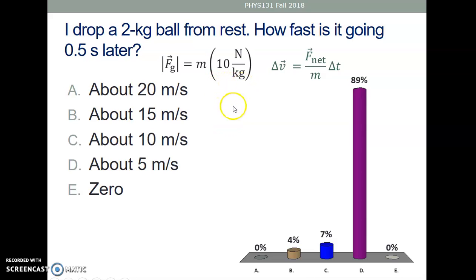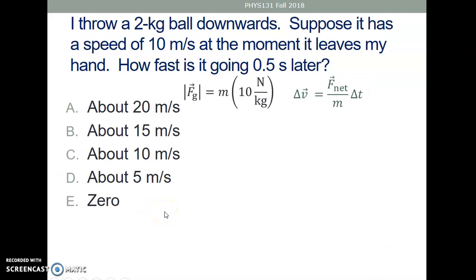Okay, so the acceleration of gravity is 10 meters per second squared, and that means in a half a second, you're going to speed up half of 10 meters per second because you've only had half a second to fall. So 5 meters per second would be the correct answer.